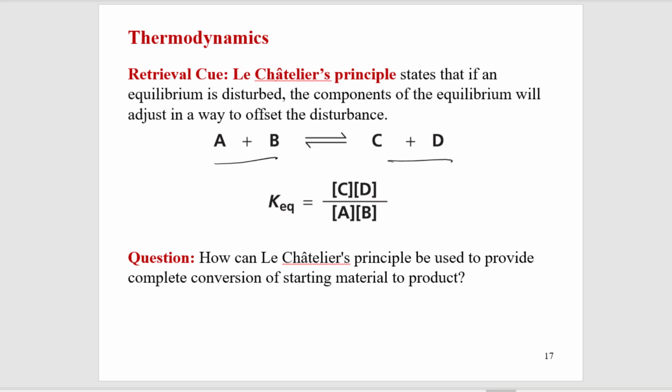Let's say you are having trouble getting your C plus D products. What could you do to shift the reaction more to the right?